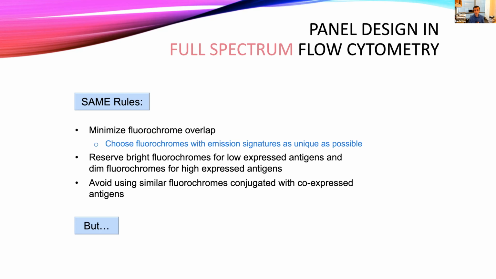But again, when it comes to panel design, all the rules are exactly the same. So these are some of the rules that we have to address when we're thinking of panel design.